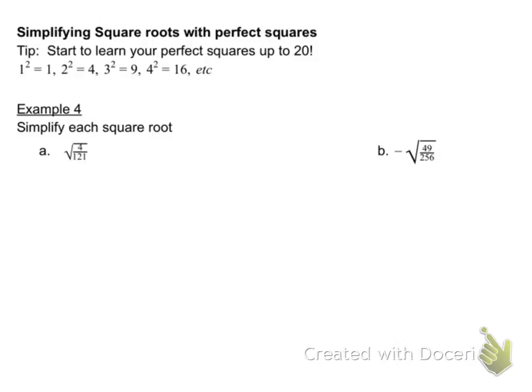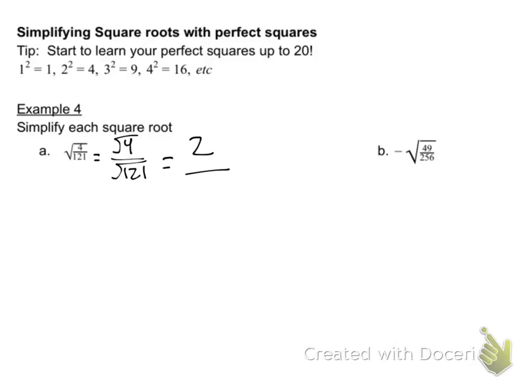And so we're going to take a little step further than just simplifying the square root of 25, which is 5, and going to fractions. Essentially, guys, when I have a square root of a fraction, I can split that square root to the top and to the bottom. Yeah, that's pretty cool. And then, what's the square root of 4?